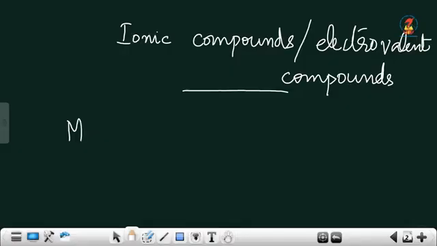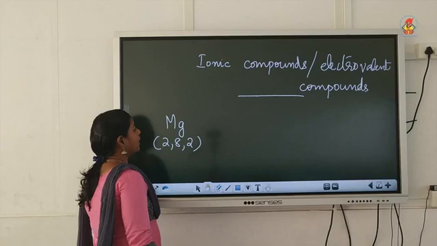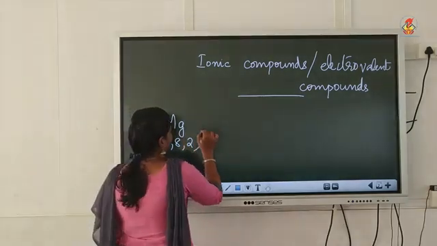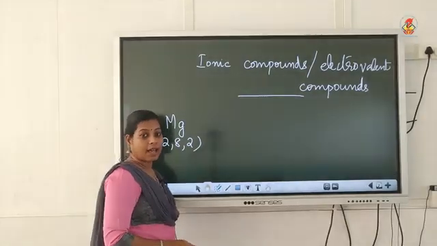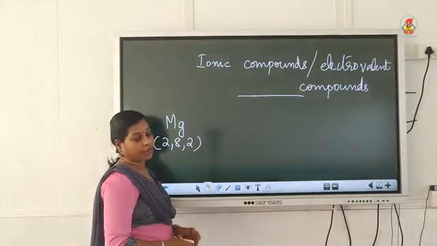We know that the magnesium symbol is Mg and atomic number is 12. So the electronic configuration is 2, 8, 2, that you know. During the reaction, magnesium will try to attain its stable octet configuration.